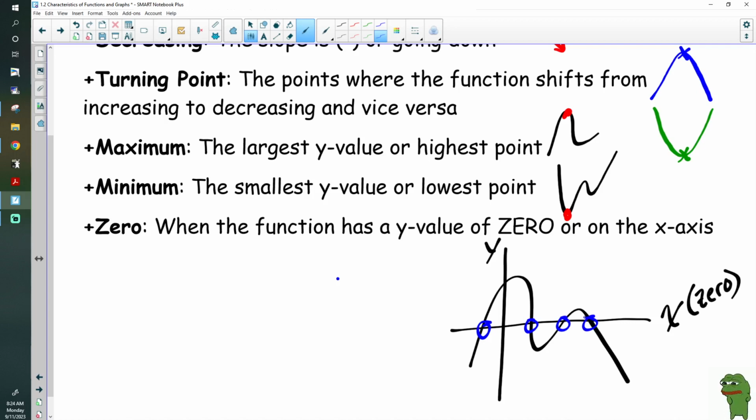That's why we call them zeros. At that point, none of the points are above or below. It's at 0. Okay, these are the definitions we're going to need to know and that you'll be asked when looking at functions. Today you're just describing a function, just like you would describe a person in real life.